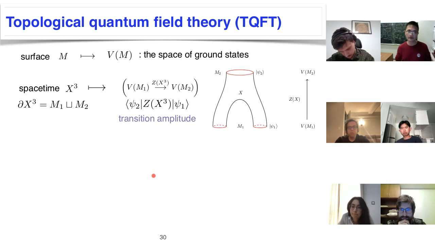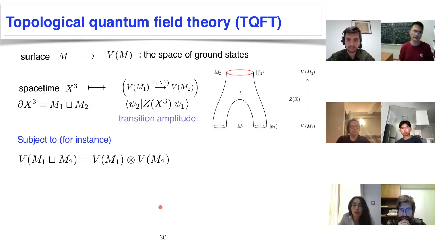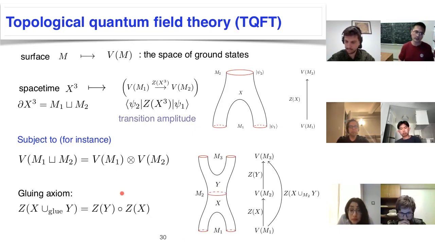This assignment, V(M) and Z(X), satisfies some conditions. For example, the ground space of the disjoint union of two surfaces should be given by the tensor product of the ground space of each surface. Also the linear operators satisfy the so-called gluing axiom, which means we have space-time manifolds X and Y which share a common boundary M2.